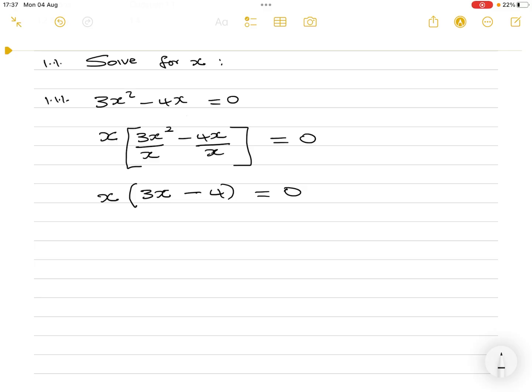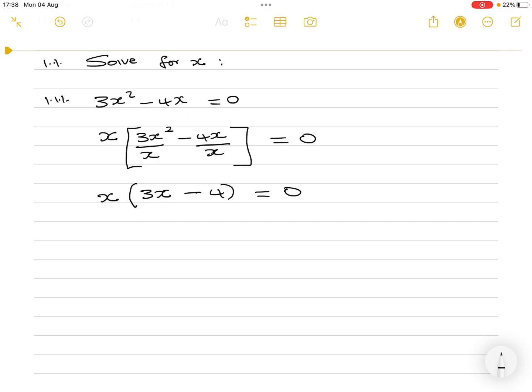So the only condition that can make this statement true is either x has to be equal to 0 or 3x minus 4 has to be equal to 0. So what do we mean?